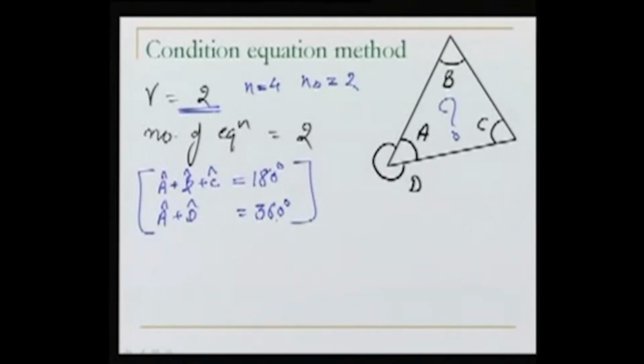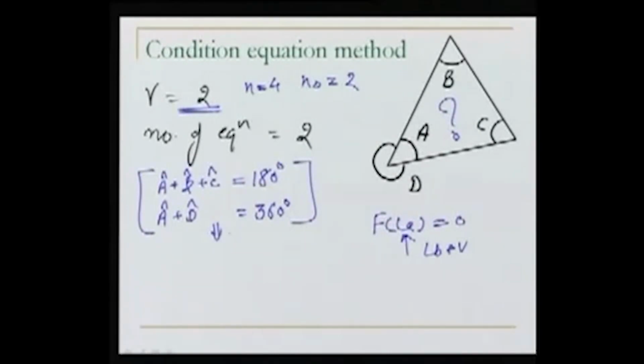Now what is this of form? This is of the form F of LA is equal to 0. Now we need to replace this adjusted observation as LB plus V. Now let's do it. So I can convert this as now A plus V1 plus B plus V2 plus C plus V3, this is equal to 180.